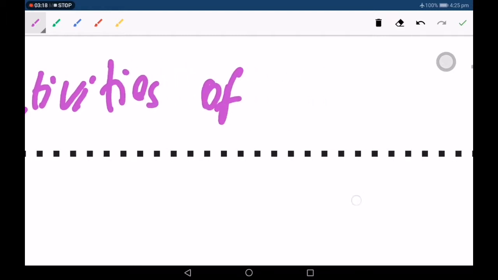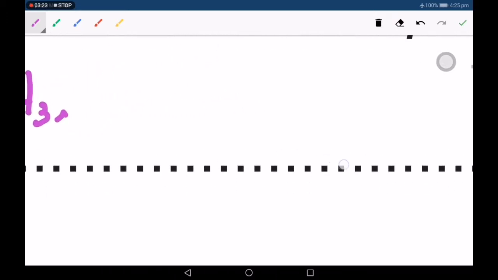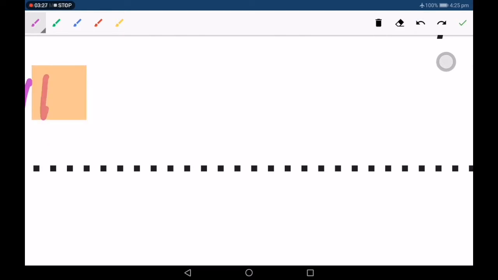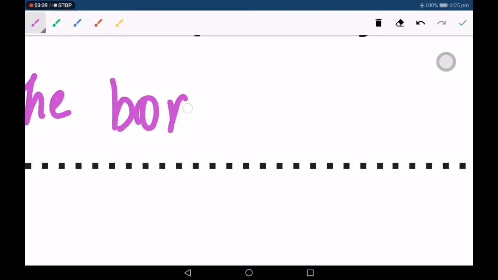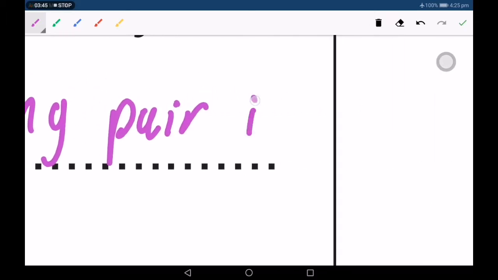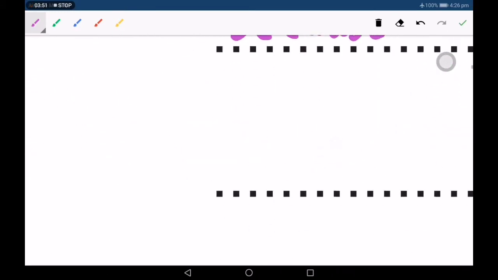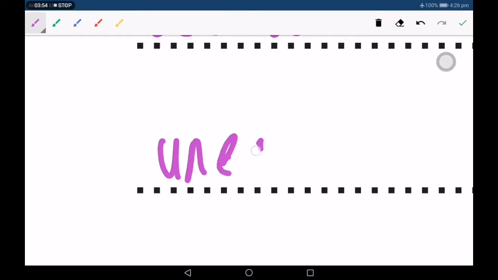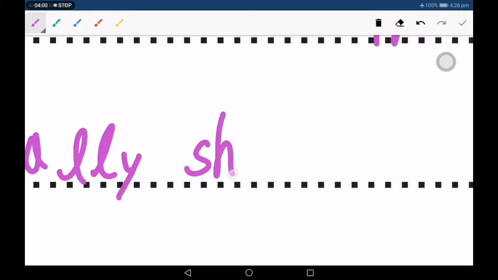of N and H, not NH3, N and H, because the bonding pair is unequally shared.